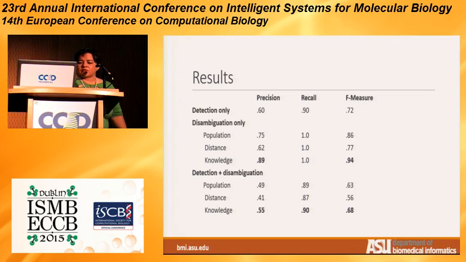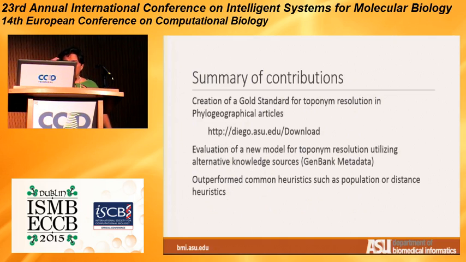For both tasks combined, of course, low performance in the detection task affects the overall detection and disambiguation task. But we still see some improvements, okay? So 0.55 with adding all the knowledge together. We have the gold standard, it's available, you can download it.